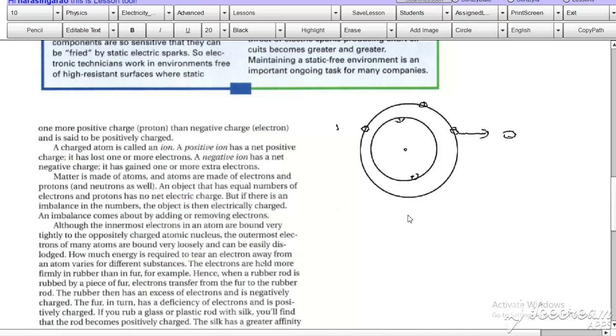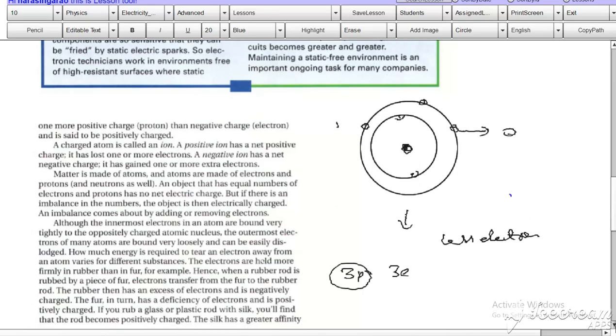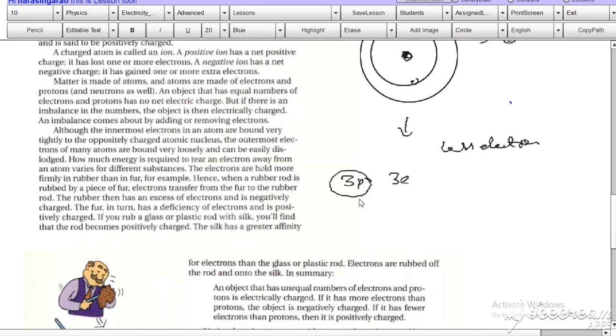The result will be fewer electrons, but the protons in the nucleus remain the same. For example, 3 protons inside the nucleus and 3 electrons outside, orbiting around the nucleus.